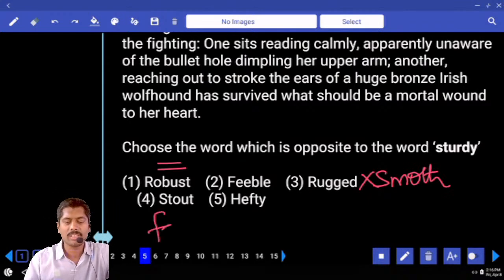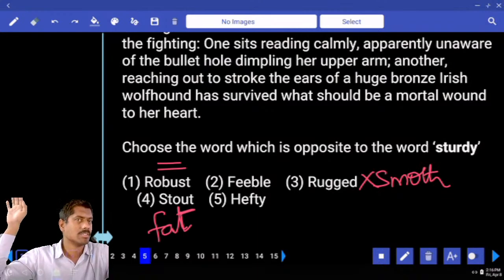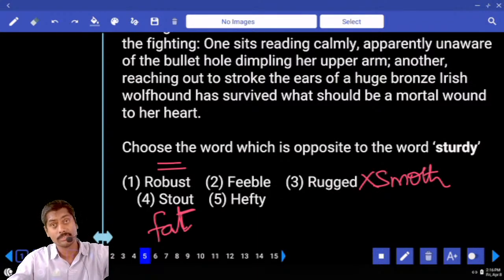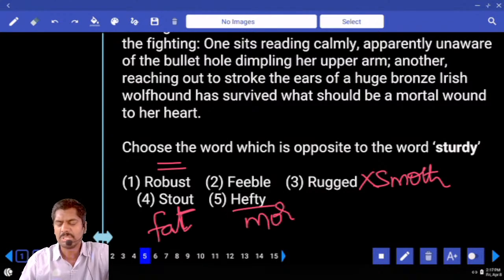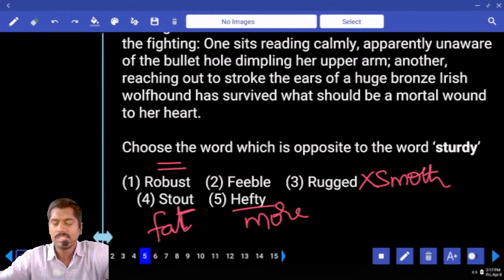Stout means fat. How many of you are fat? How many of you feel that you're fat? Hefty. Hefty means something more. Answer: feeble.